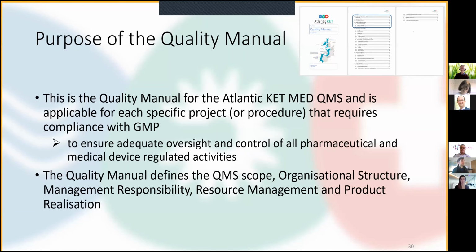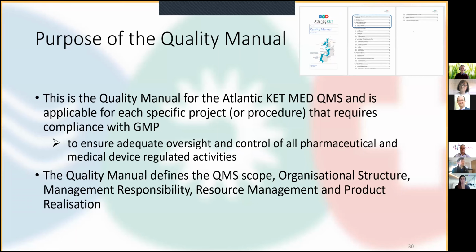And really the first part is the purpose. So why is it there? The first thing to recognize is that it's there for all projects to use. Like all the documents, if your project demands a different scope, then it's there to be individualized and adapted so that under change control, you run your projects according to your updated quality manual.